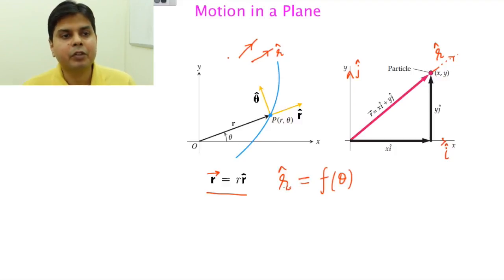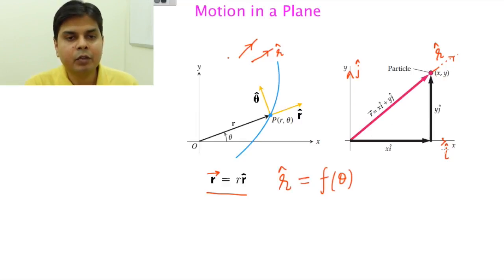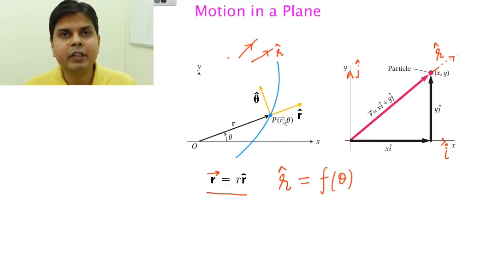And since for describing motion in 2 dimensions we need 2 unit vectors, like for the x and y axes we had a combination of i and j, in this case, since we have finalized one unit vector in the direction of r, let's finalize another unit vector, theta cap, in this direction, because it's always convenient to take a pair of unit vectors which are perpendicular to each other.